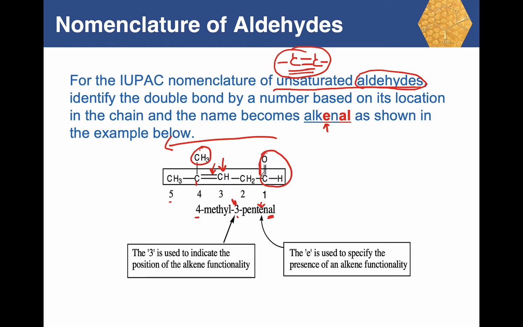Since it's an aldehyde, it goes to pentanal. Since it's unsaturation, there's an E to represent the alkene. And we'd have to indicate the location of the alkene with a number from that chain. And of course, if there are substituents, we give that substituent a number and a name as shown here.